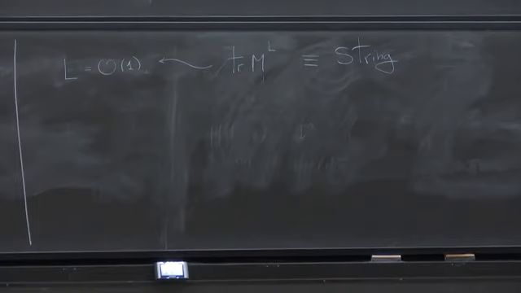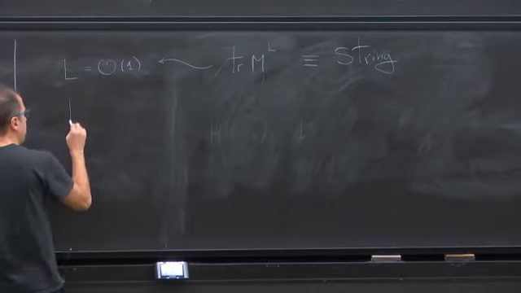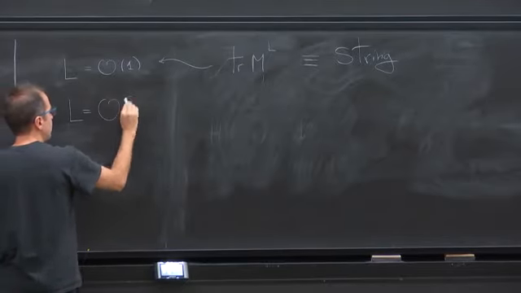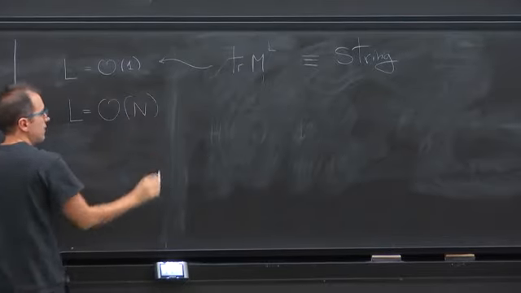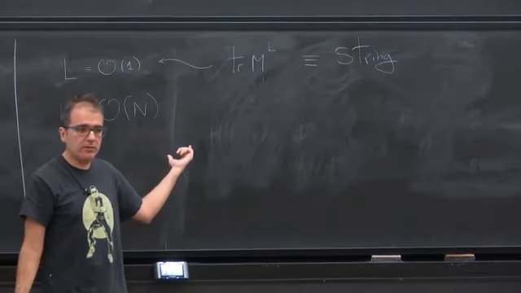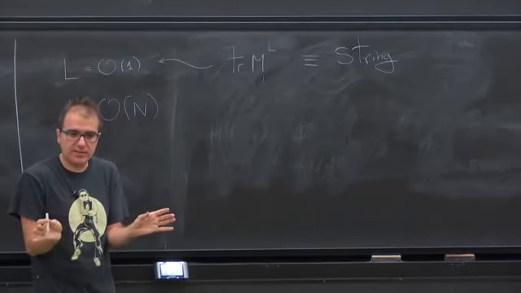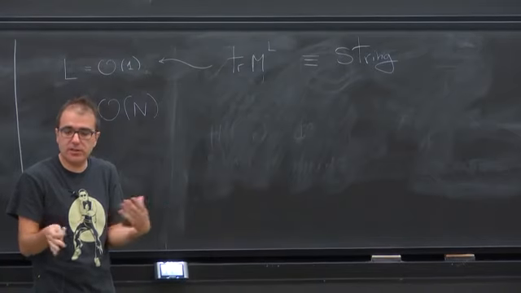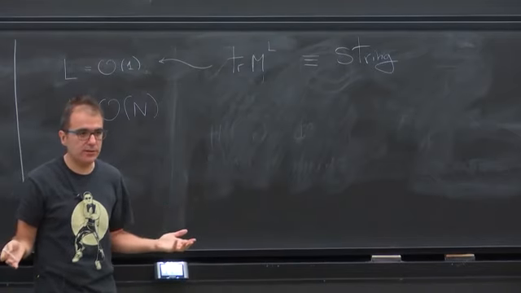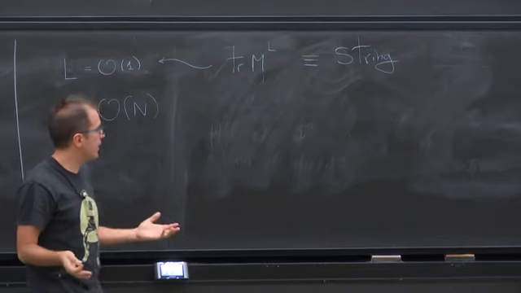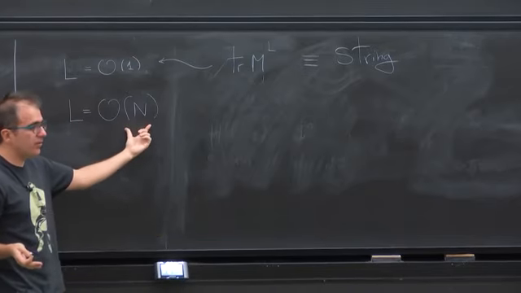Now, let's think what would happen if L would be order N. Then we need to be a little bit careful, right? We always were drawing the diagrams assuming the operators were of finite size. We never considered operators that are of such big size, right? So we have to think a little bit, what would happen if L is of order N?